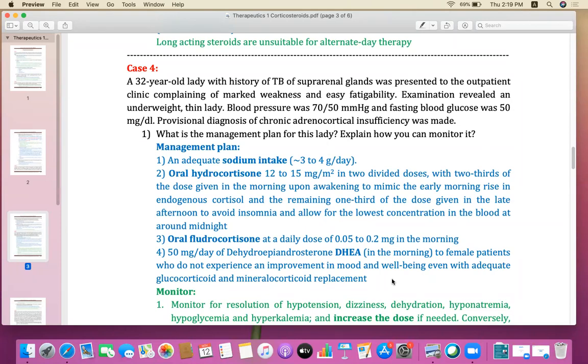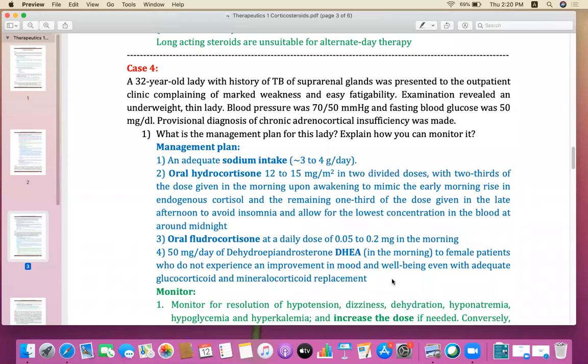Saline will increase the blood volume and it will benefit the blood pressure. And 5% dextrose solution will benefit the hypoglycemia, so it will resolve it.